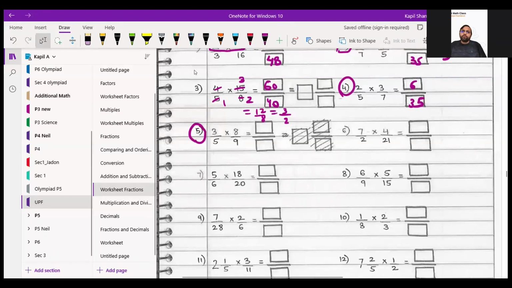Fifth. 3 upon 5 times 8 upon 9. Eight upon 15. Okay, correct, good.